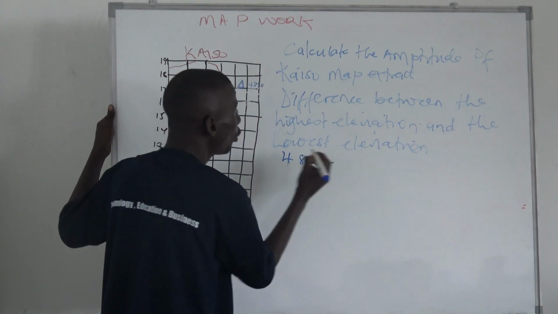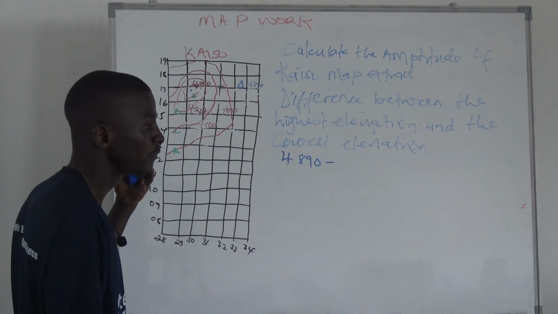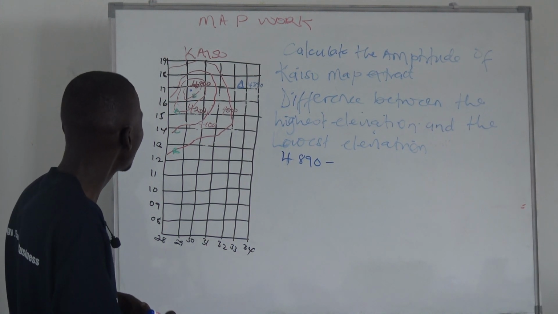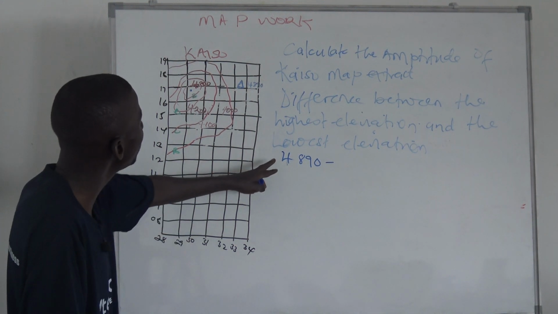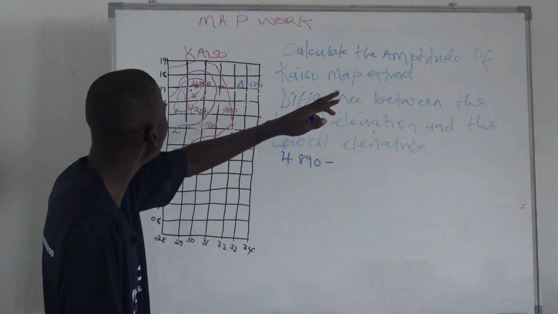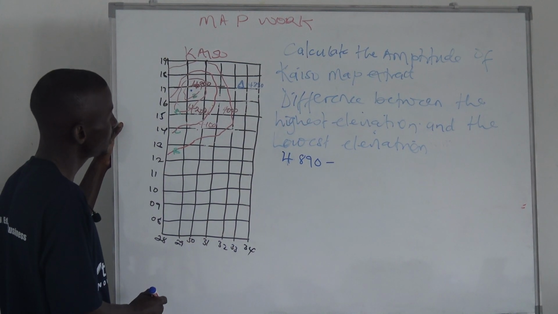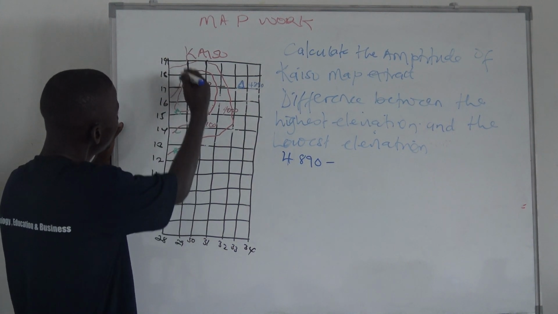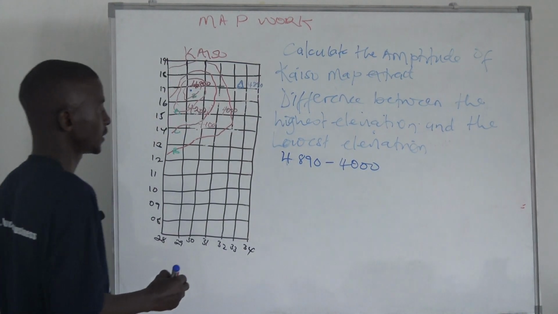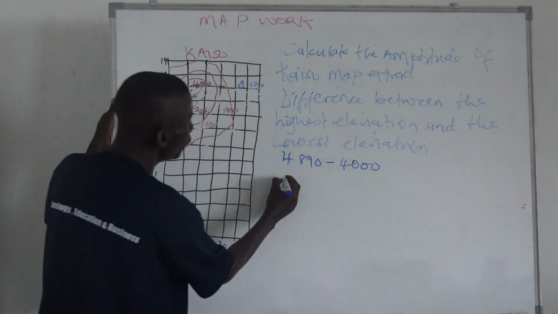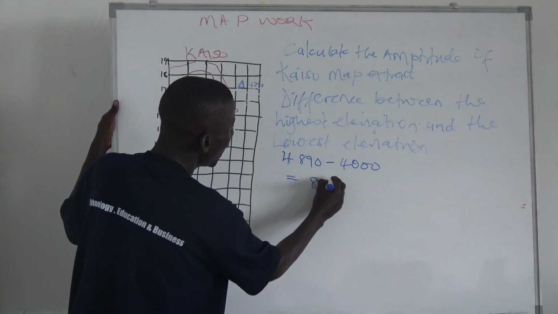Then I subtract off the lowest elevation. This time the lowest elevation will be looked at from valleys and depressions. Those ones we are going to know at a later time. So in this case we have 4,890 as our highest elevation minus the lowest elevation, which when you check on these contours is 4,000. So when you subtract off, the difference is 890.